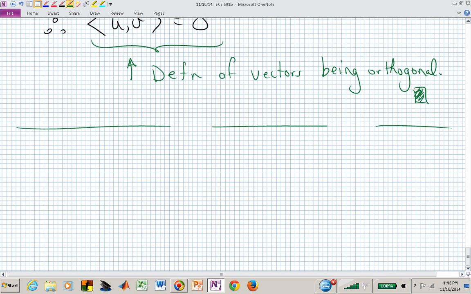Let's now get into something else that's nice that maybe you won't think so while we're going through it, but it provides us with some nice results, and that is the spectral theorem.